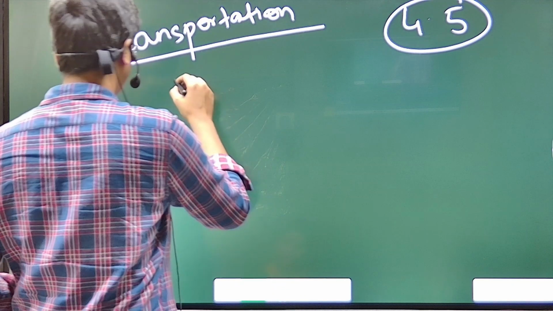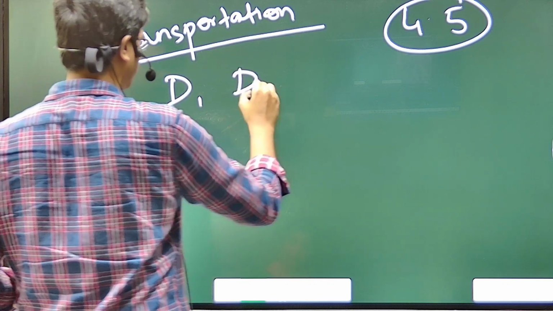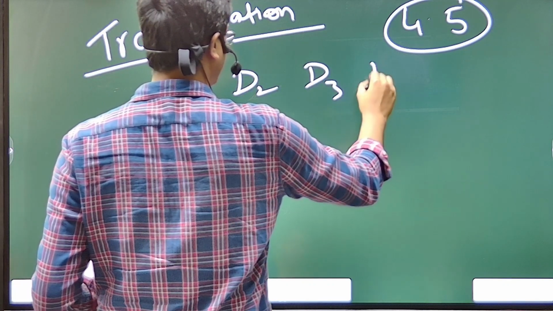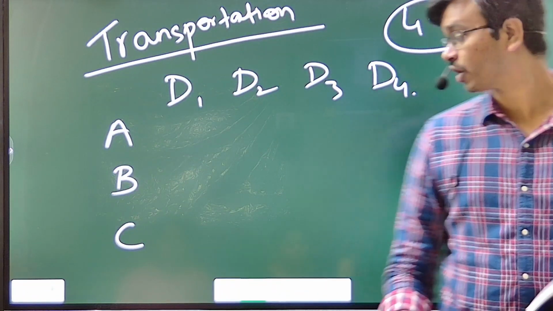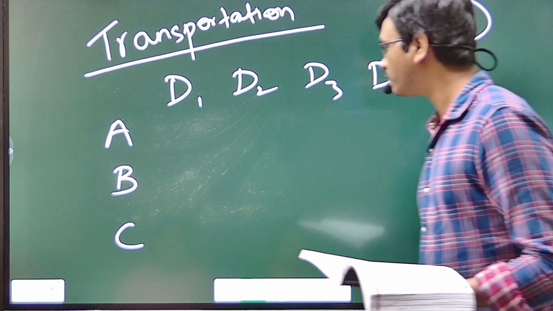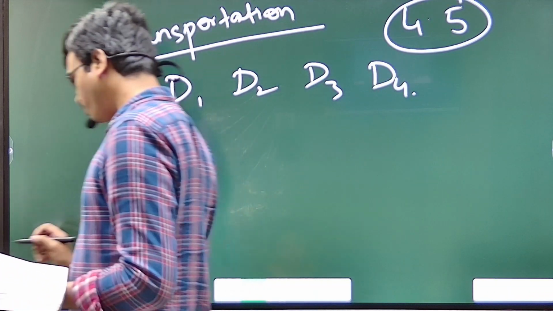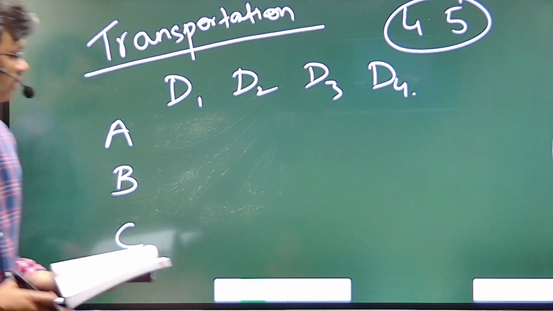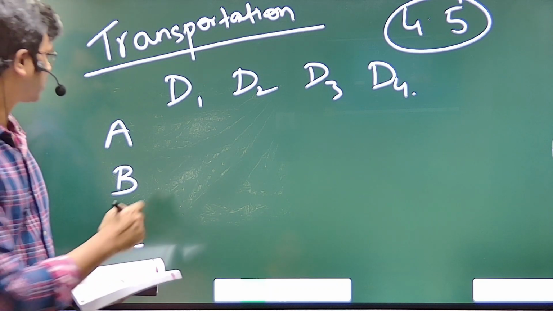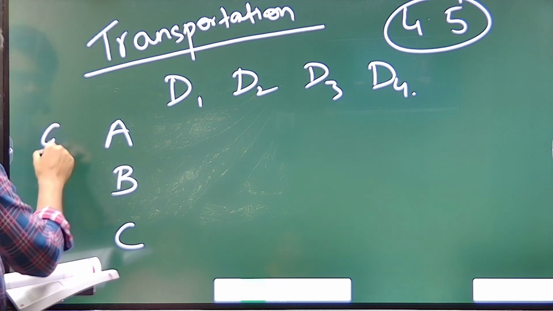Say you have to deliver to location D1, D2, D3 and D4. So the transportation problem will help us come up with a route, or the distribution of your goods.